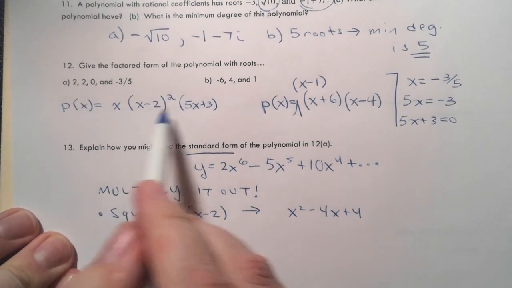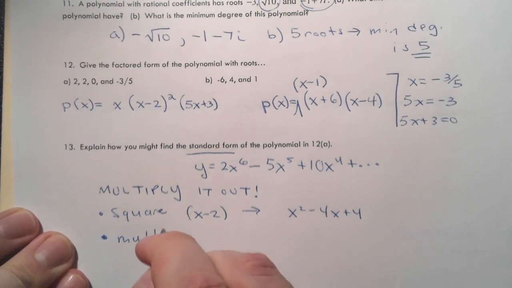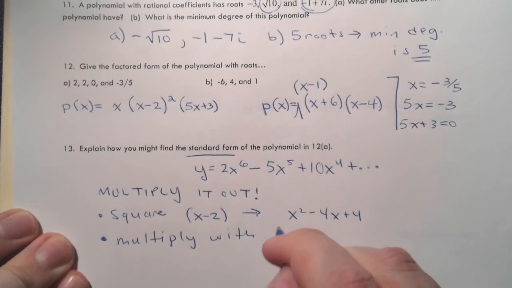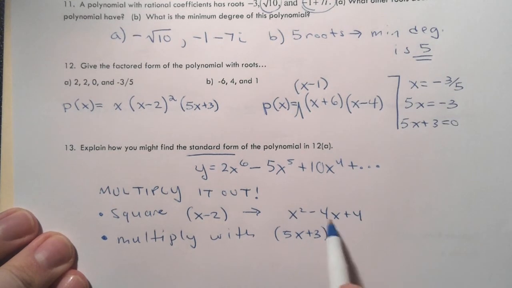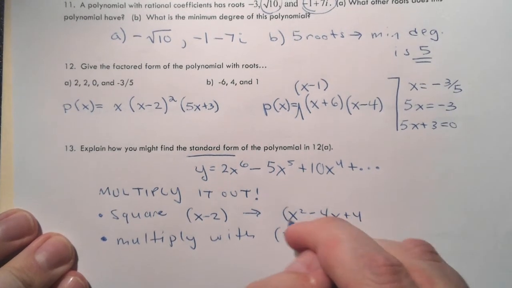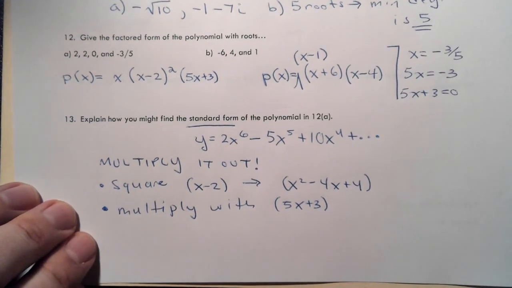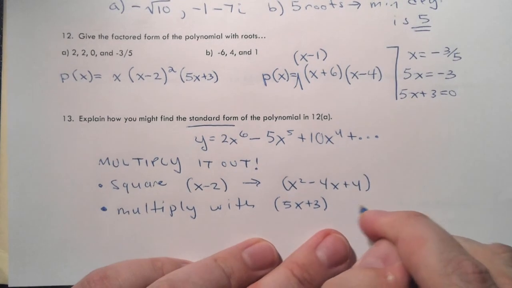I would take that and multiply that by 5x plus 3. And you can do that, since we have a trinomial and a binomial, I could use either a 2 by 3 box or split this up and distribute. If I do that, what will I get?